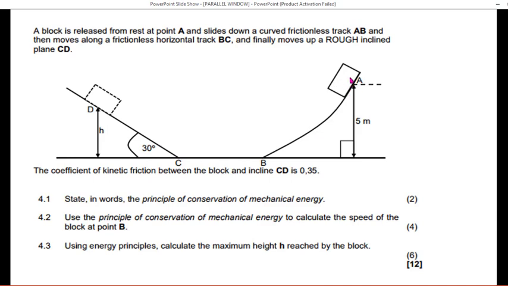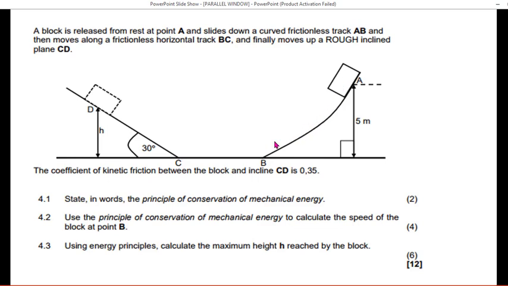In other words, when there is no non-conservative force acting on the block. In other words, work done by non-conservative force is zero because there is no non-conservative force. And let's remember that a non-conservative force can be a frictional force, or an applied force, or a tension. But in this case, the non-conservative force is not there. There's no friction, there's no applied force. This block slides under the influence of gravitational force only.